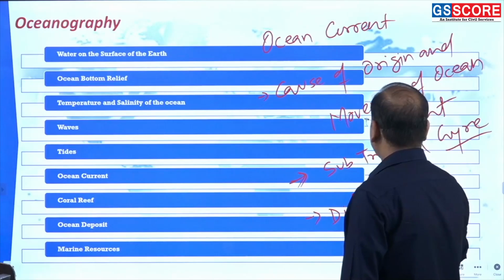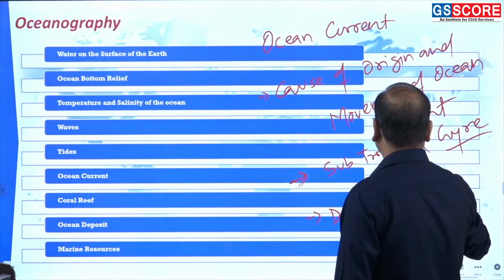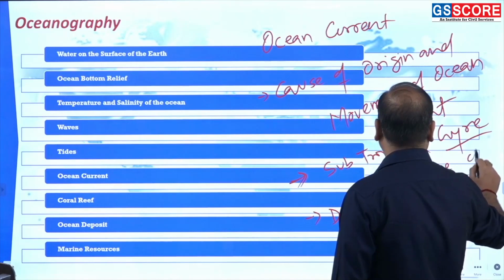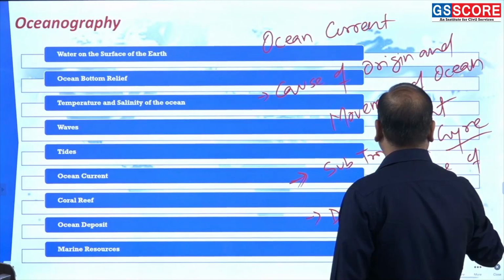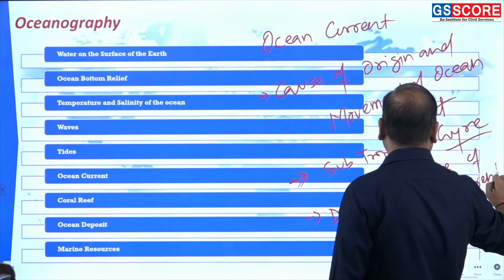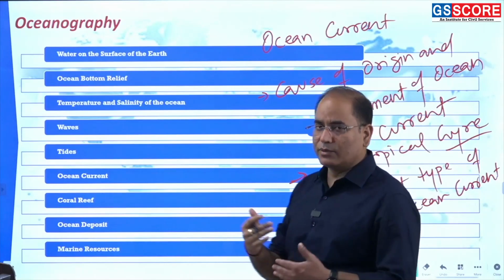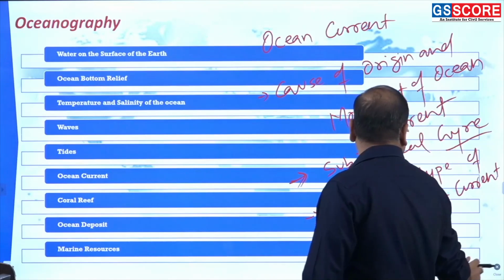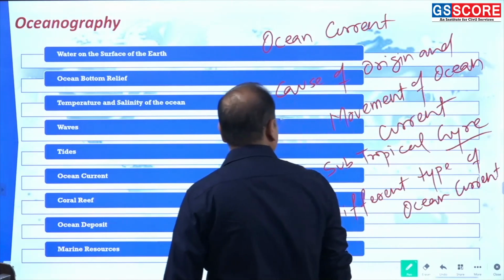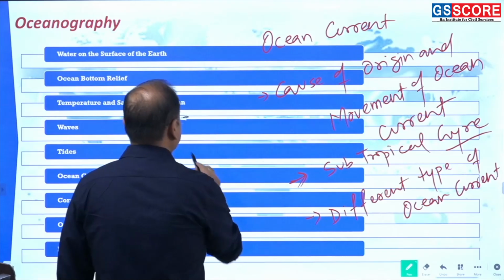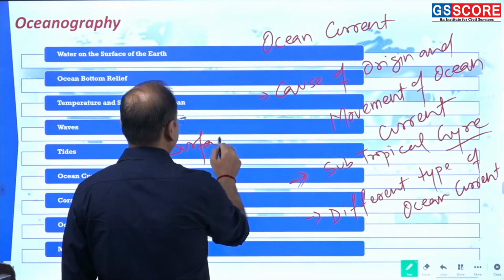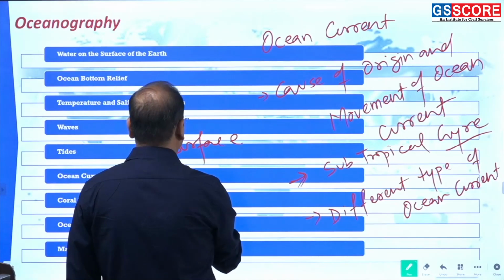The different types of ocean currents. Primarily there are two types of ocean current, that is, surface ocean current and deep ocean current.